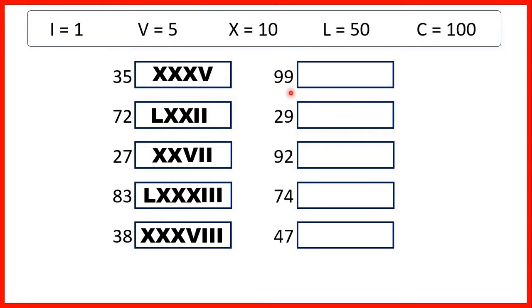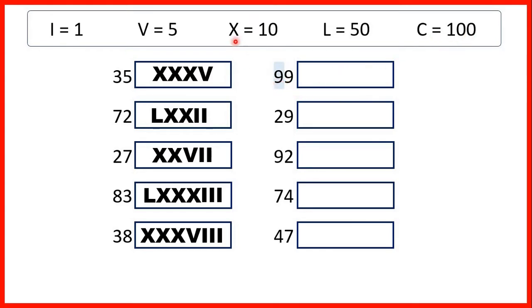Now 99. Now you might think you can just write I before C, because 99, as we know, is 1 less than 100. But in fact you can't do that. What you need to do with Roman numerals is take each digit separately. So first make 9 tens and then make 9 ones. So for 9 tens or 90, that's 10 before 100.